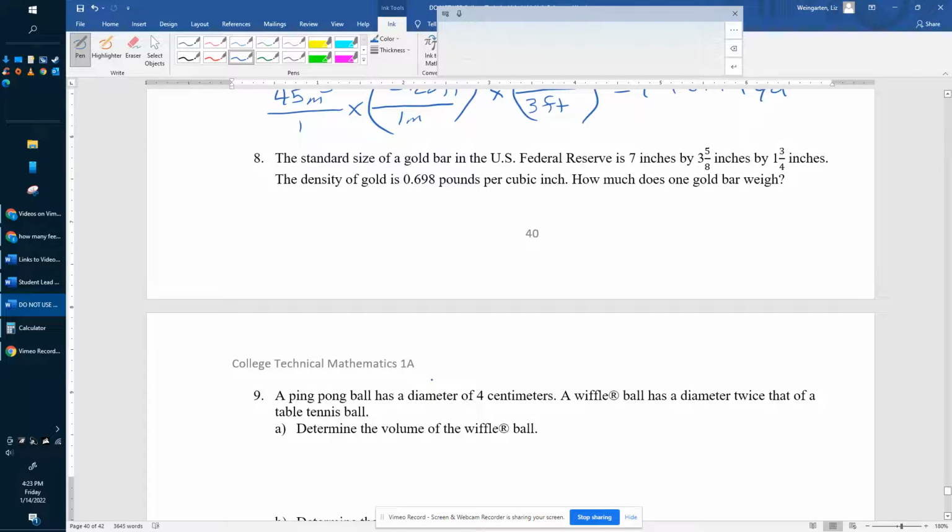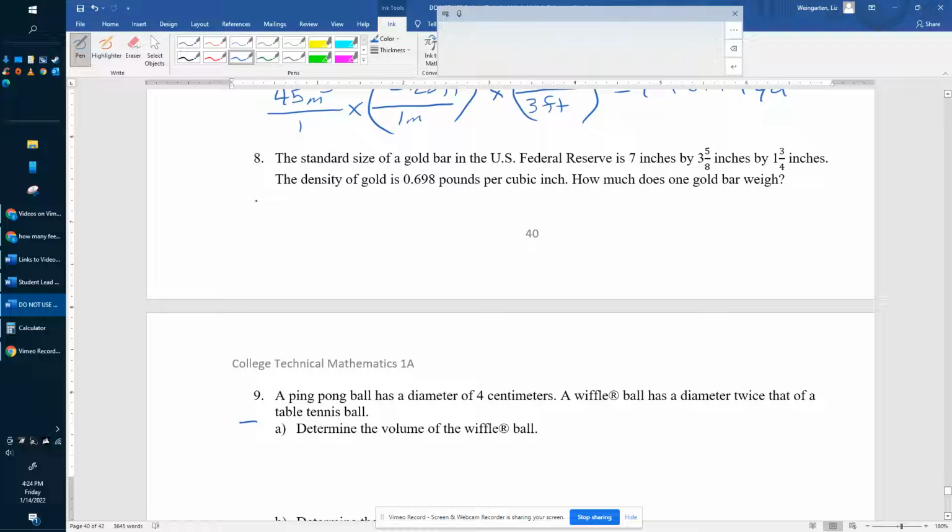Standard size of a gold bar in the U.S. Federal Reserve is 7 inches by 3 5/8 inches by 1 3/4 inches. Density of gold is 0.0698 pounds per cubic inch. How much does 1 gold bar weigh? All right, so let's figure out the volume of this thing and see if that will help us figure out the weight.